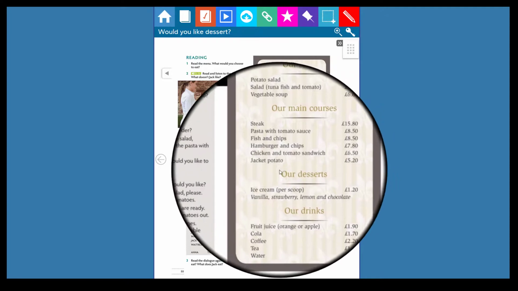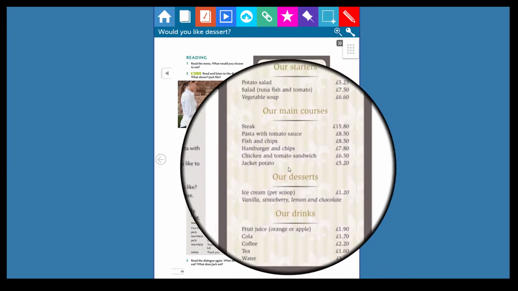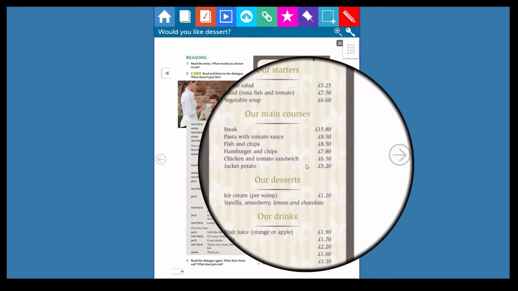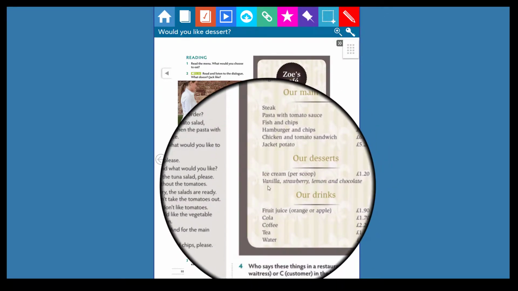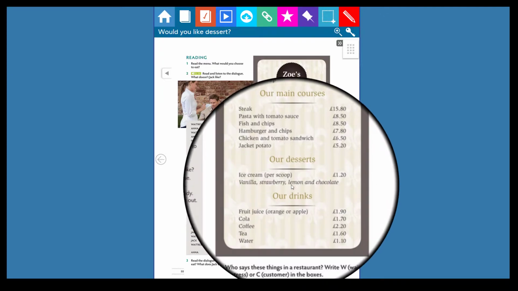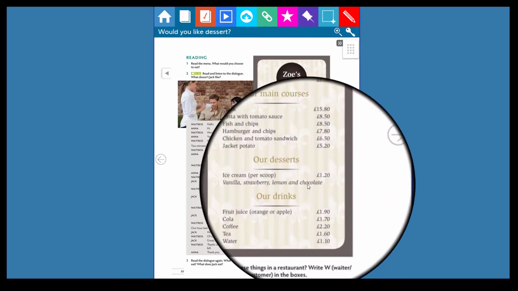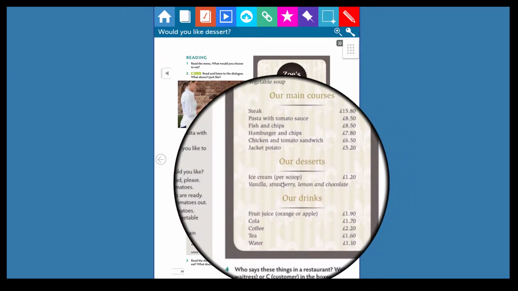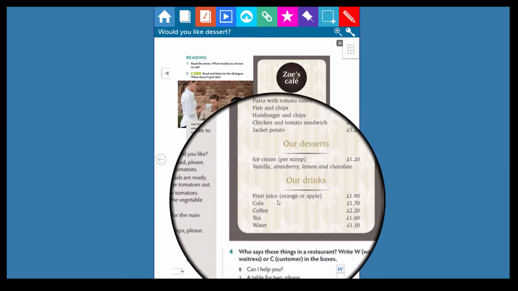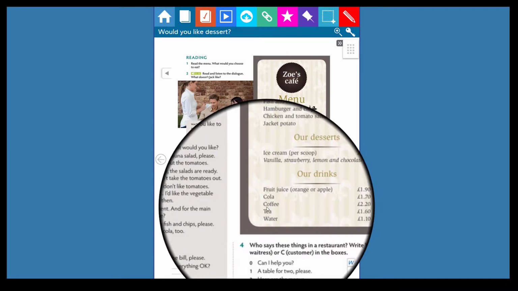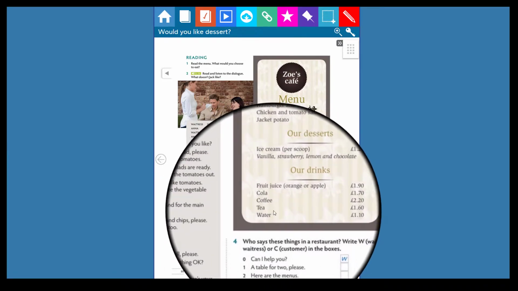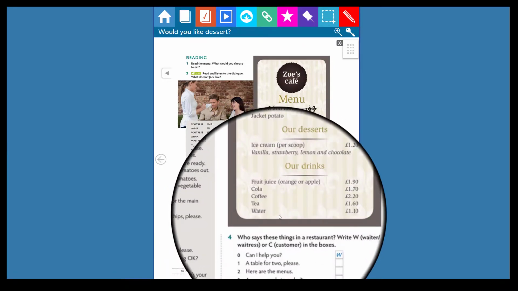Okay? Our desserts, which in Spanish is nuestros postres: ice cream per scoop, vanilla, strawberry, lemon, and chocolate. And our drinks: fruit juice, orange or apple, cola, coffee, tea, and water.